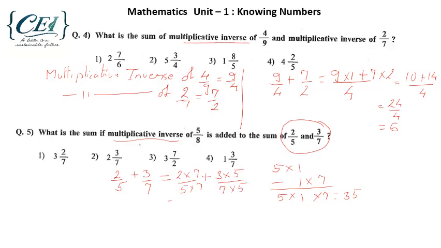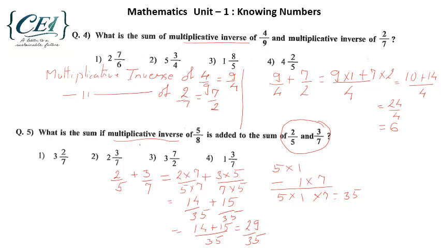So that is 14 upon 35 plus 15 upon 35, that is equal to 14 plus 15 upon 35, that is equal to 29 upon 35.